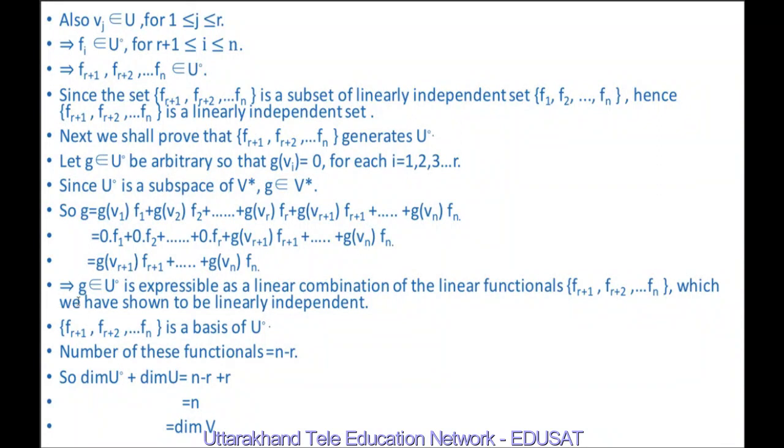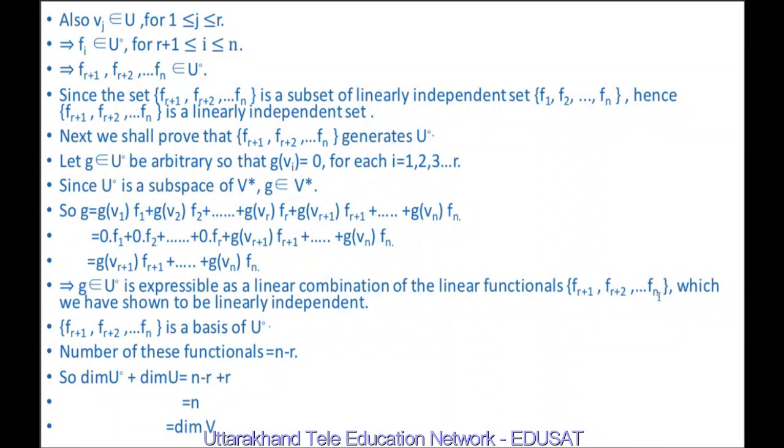It means g, belonging to U dot, is expressible as a linear combination of the linear functionals f(r plus 1), f(r plus 2), ..., fn. Here we have shown g can be expressed as a linear combination of f(r plus 1) up to fn. Also, already we have shown that this set is linearly independent.